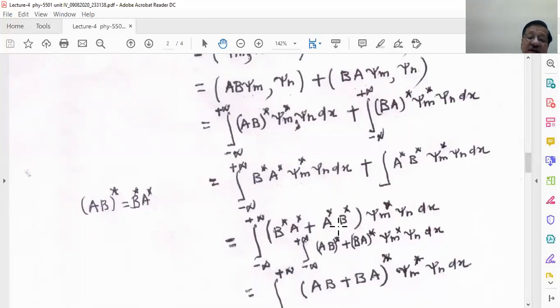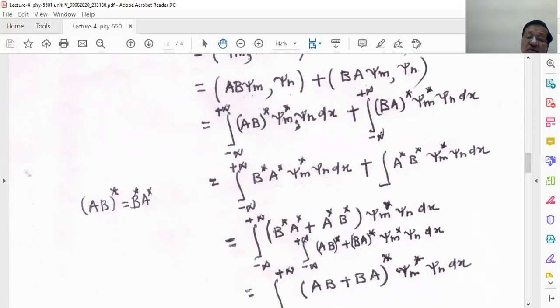Similarly, A* B* you can write as (BA)* ψ ψ. And now this combination: the complex conjugate of AB plus the complex conjugate of BA is simply nothing but the complex conjugate of (AB plus BA).